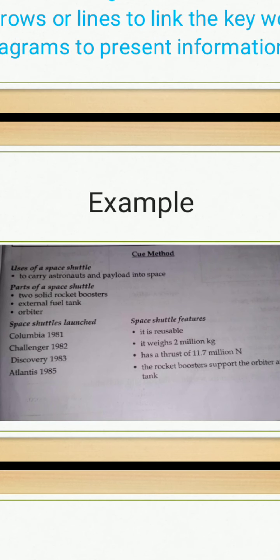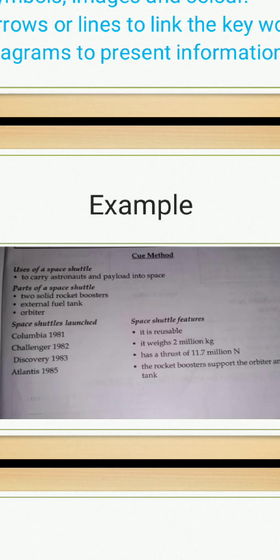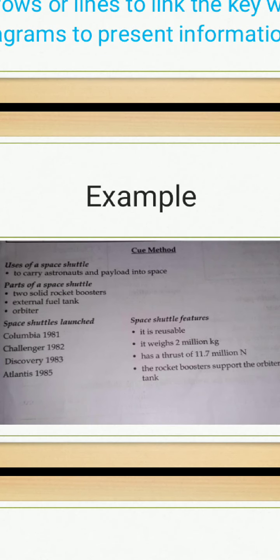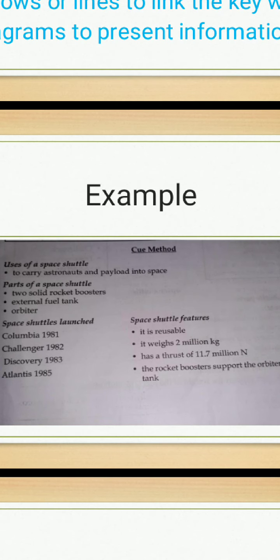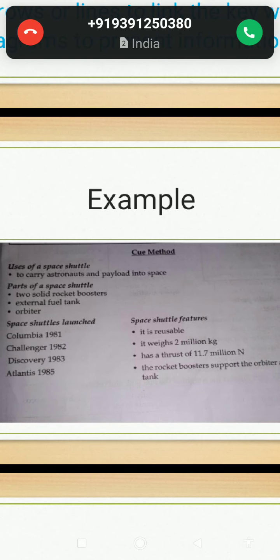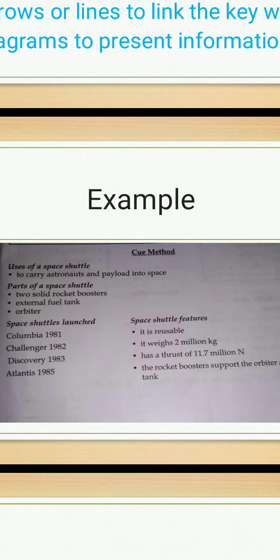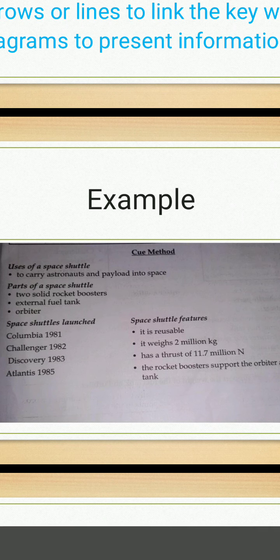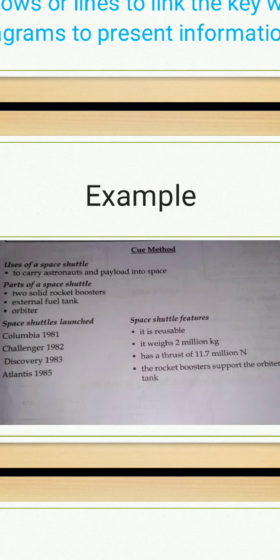The third is the orbiter. The next subheading is space shuttle launches, and in this also we have four important points: when and where it launched. The first one is Columbia in 1981.